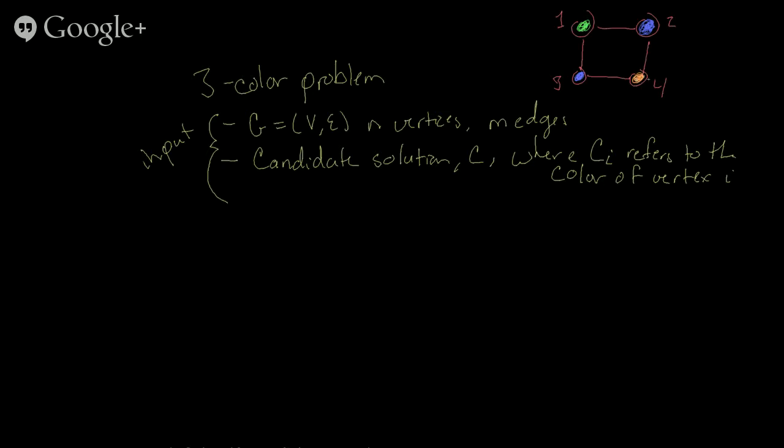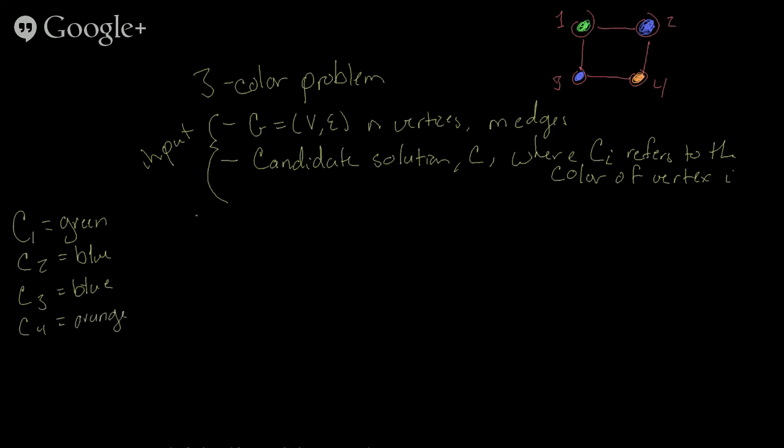Then your candidate solution would look like this. I'm going to write it over here: C1 equals green, C2 equals blue, C3 equals blue, C4 equals orange.